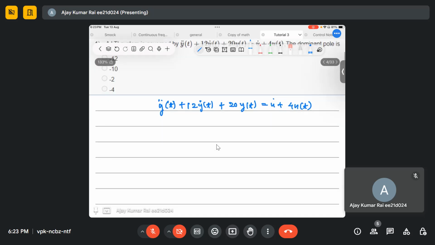Let's apply the Laplace transform. While applying the Laplace transform, I'll assume all the initial conditions to be 0 to get the transfer function, so I'll not write the y of 0 terms.